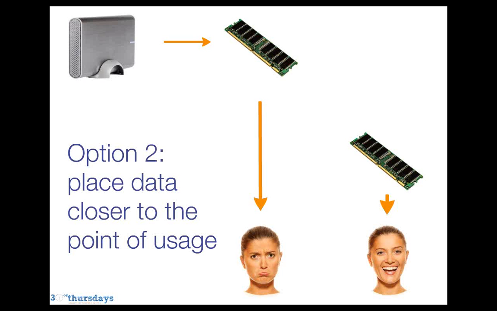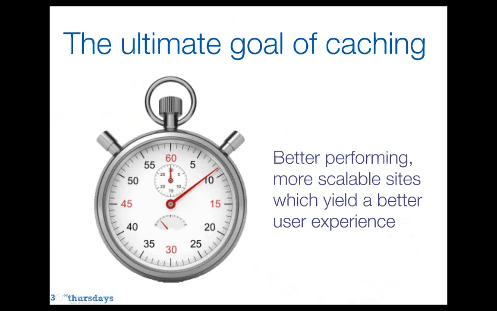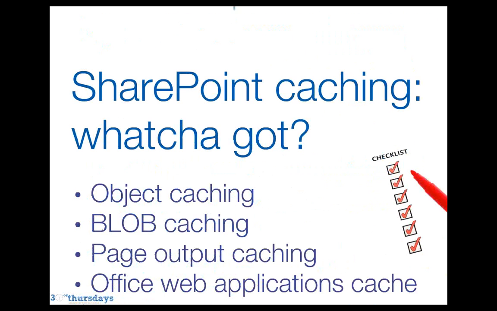By taking that data from halfway around the world and moving it closer to us using something like edge caching, data is accessed more quickly, and that's another form of caching. The ultimate goal of caching, all in all, is better performing, more scalable sites, and ultimately a better user experience. That's why we're doing this, to try and speed things up to keep users happy.